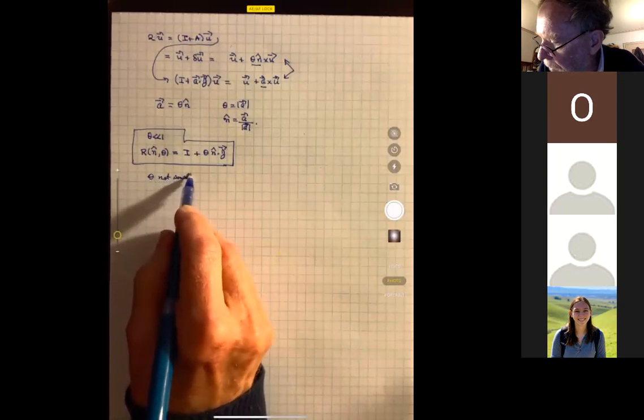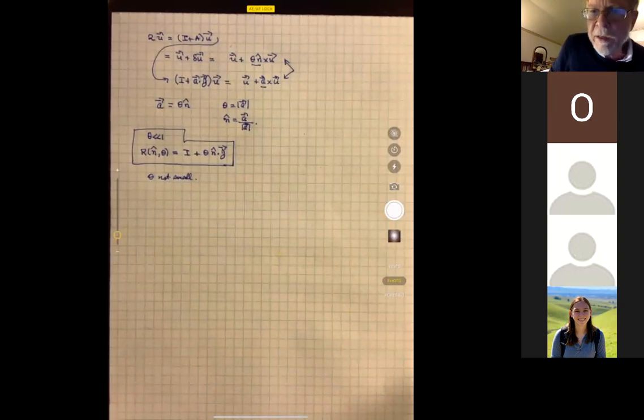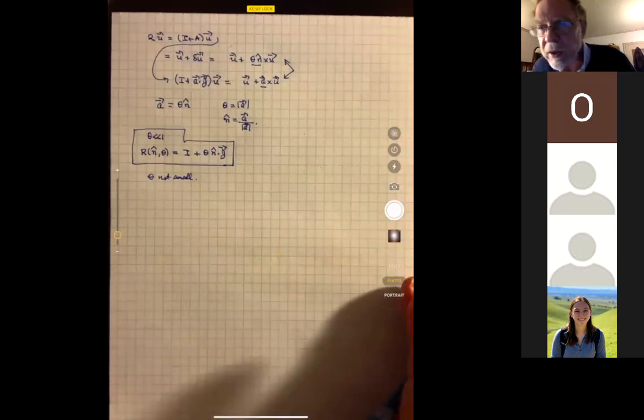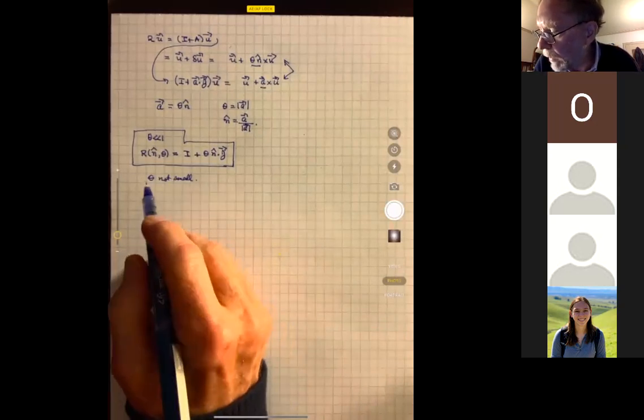You may remember we did some things with translations, and we sort of bootstrapped ourselves up from a small translation, an infinitesimal translation, to one of finite displacement. And I did it in two different ways. One was to solve a differential equation, and the other one was to multiply together a large number of small displacements. And likewise, where I'm going in the next couple of steps, one can do it either of those two ways. I'll do it by a differential equation, just to pick a way of doing it.